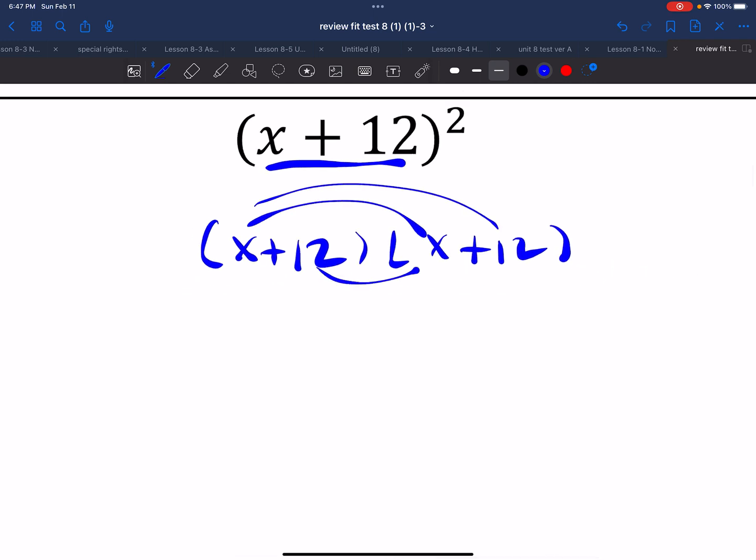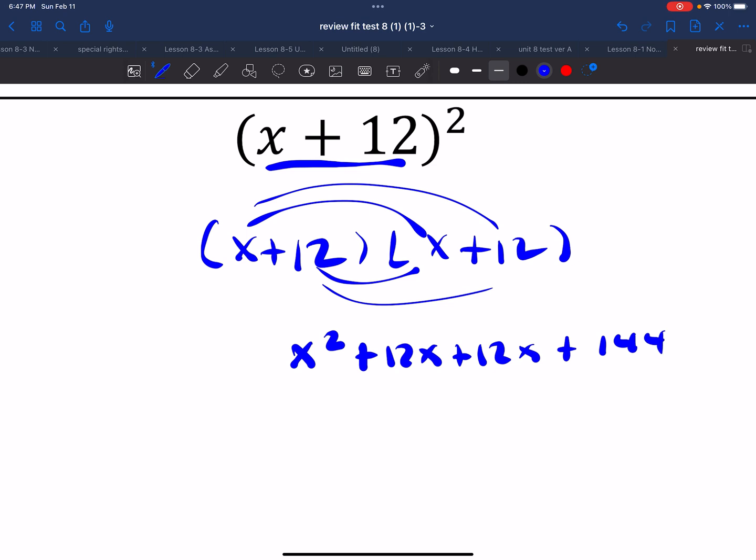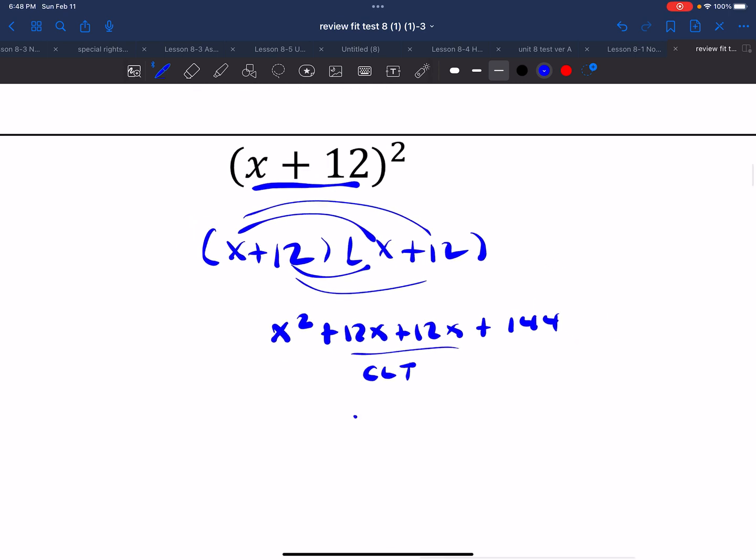First, outer, inner, last. X squared plus 12x plus 12x plus 144. So you combine the like terms here. So you have x squared plus 14x plus 144. Okay?